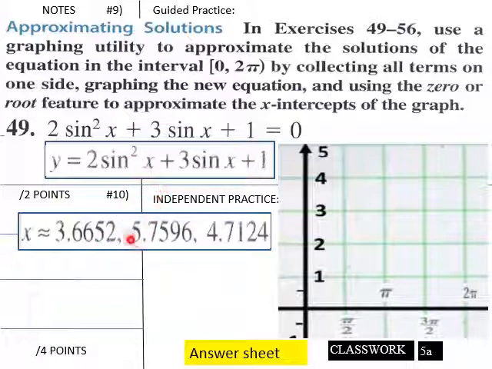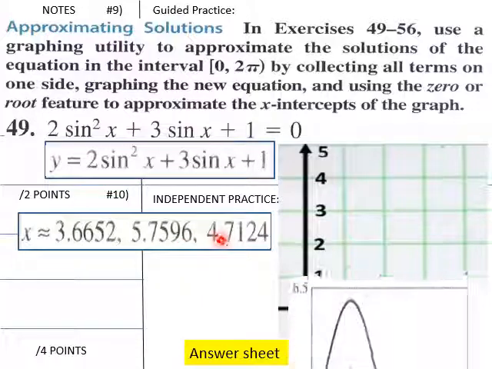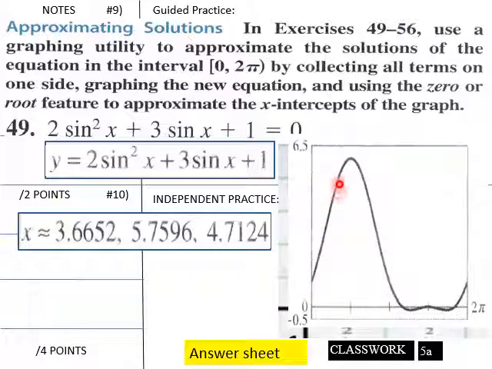After graphing it, you would come up with 5.7596 and 4.7124. This would be your graph of this function. By checking your table, you would be able to confirm these values for the zeros of this function.